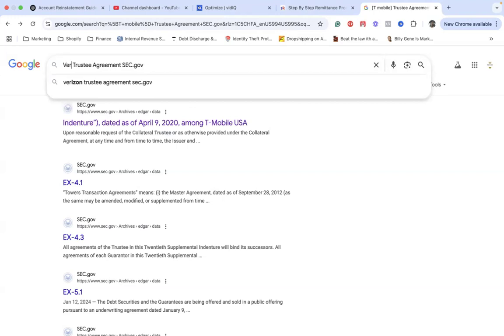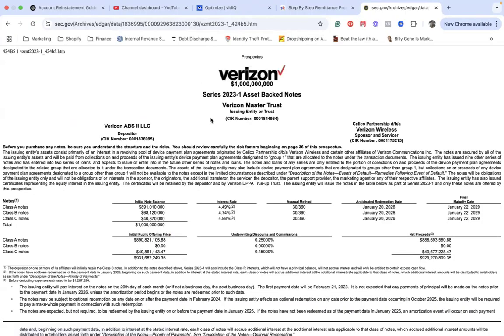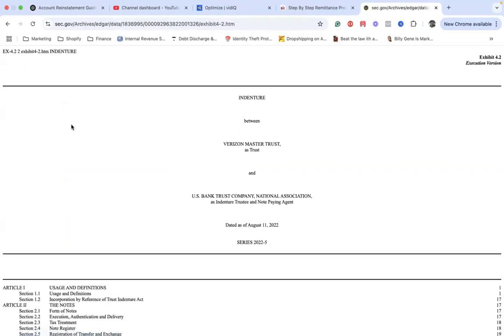Not a lot of people have Verizon. All right, so the trustee agreement. Nope, it's not the one. Bingo. So, indenture between Verizon Master Trust as trust and the U.S. Bank Trust Company, National Association, as indenture trustee. So you're going to be sending it to both.